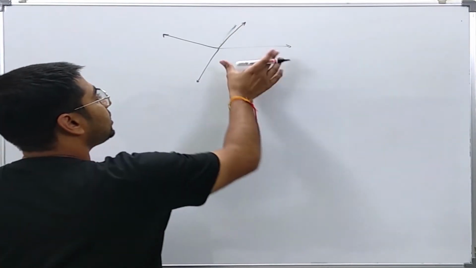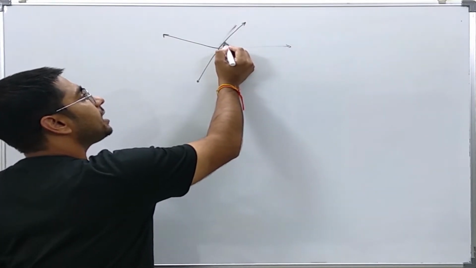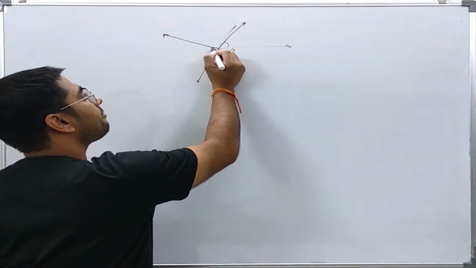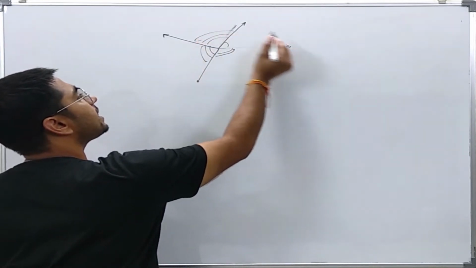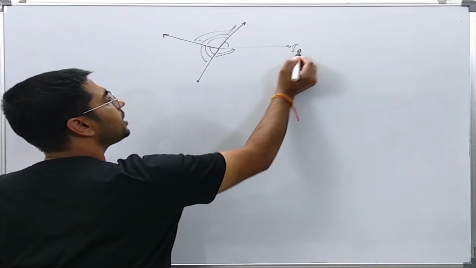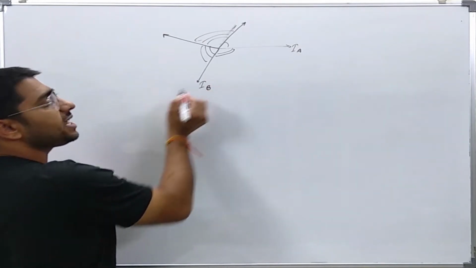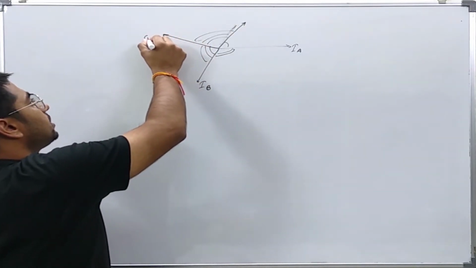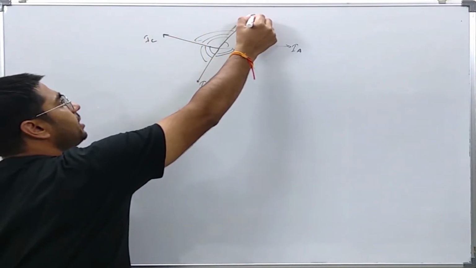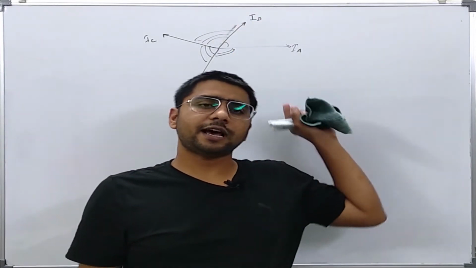That is, the length of each phasor is different and the angle between them is also different. Let us say this is phasor A, this is phasor B, and these are current phasors: IA, IB, IC and ID. These phasors represent an unbalanced four-phase system.